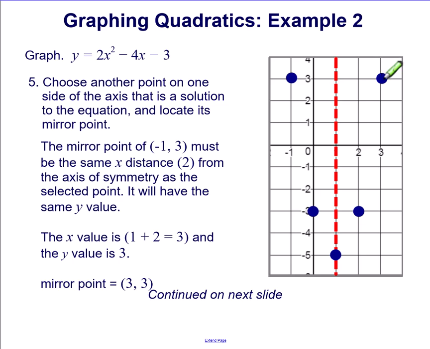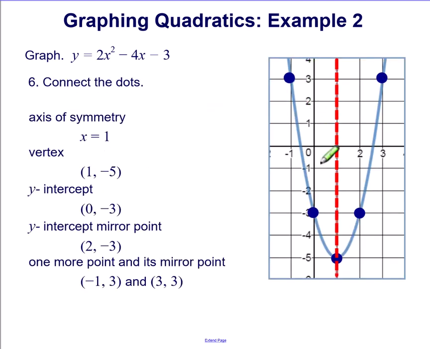The y coordinate is going to be the same, so the mirror point is going to occur at (3, 3), right here. So just to recap, I took x coordinate equals negative 1, put it into the equation and got the point (negative 1, 3). This is 2 units away from the axis of symmetry, so the mirror point is also going to be 2 units away from the axis of symmetry, which is the coordinate (3, 3).